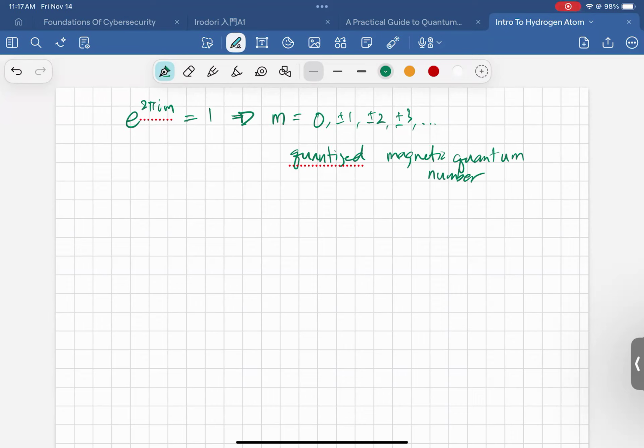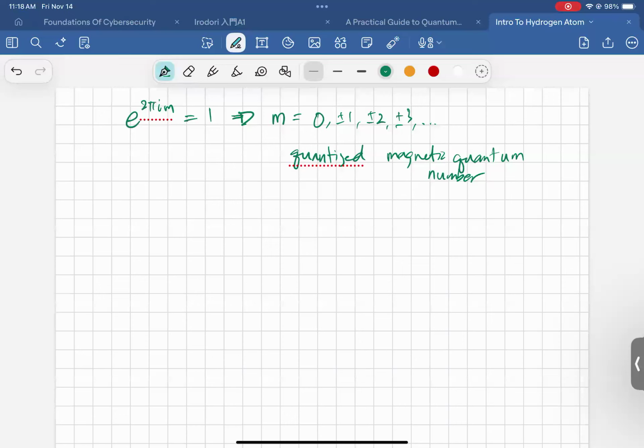So think about what happened here. We started with Schrodinger's equation, and it turns out that it has three components: the radial, azimuthal and polar. Now we have solved the azimuthal component, and we saw that from the solution of the differential equation we got a quantum number.